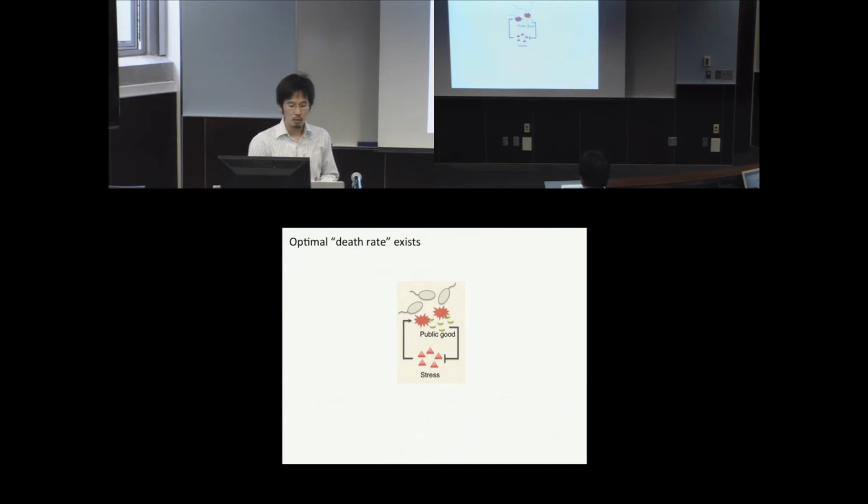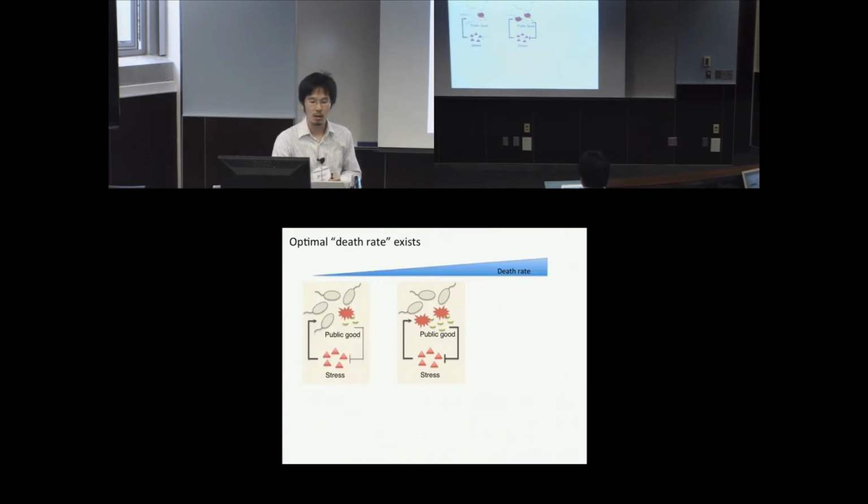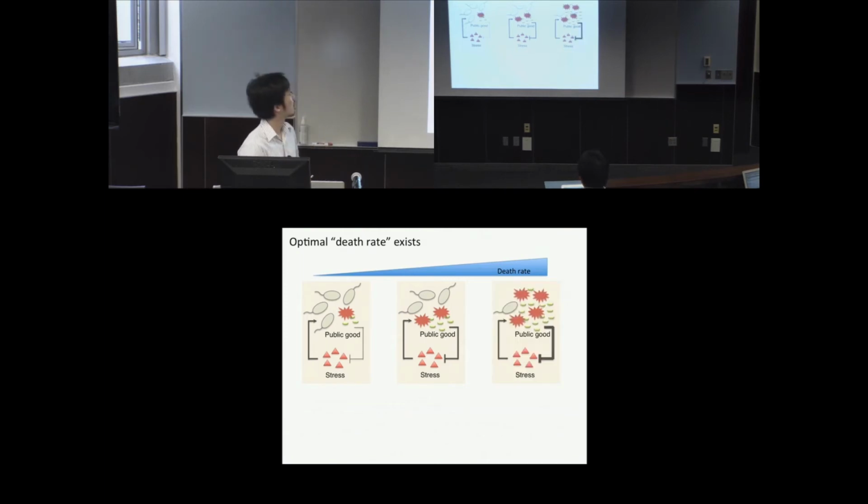What if you decrease the death? Now you have less death, but you also have less public good, right? So the arm inhibiting stress is now weaker. Though you start from a higher density due to less death, you also have less power to counteract this stress. What if you increase death?